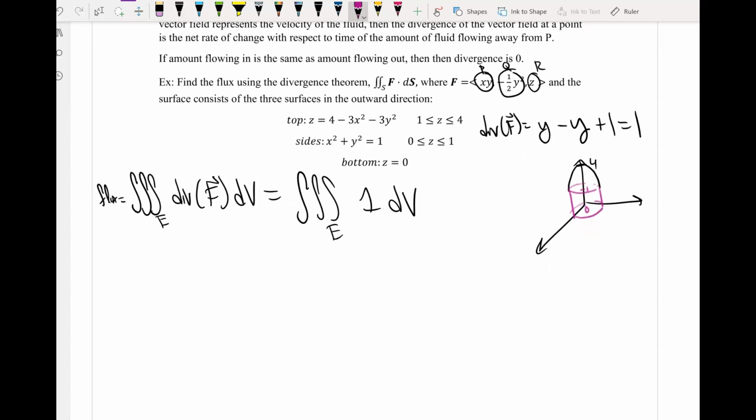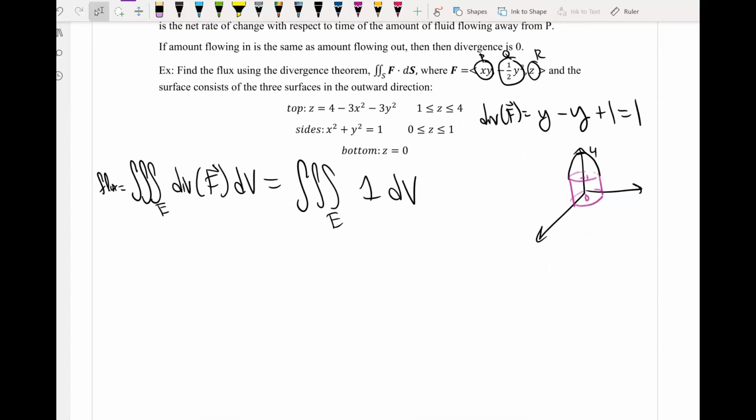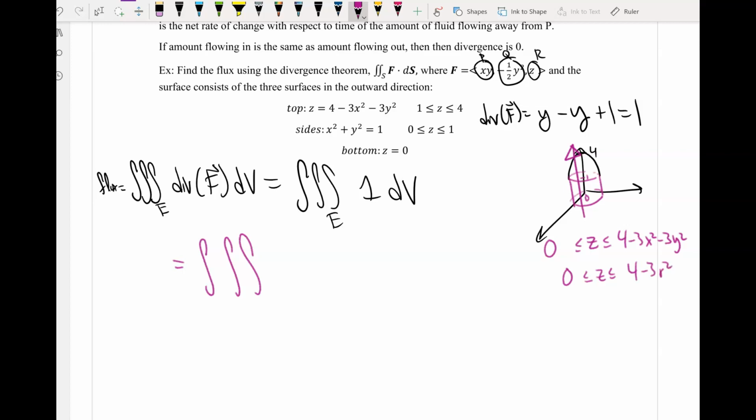Let's look at our z component. Z goes from 0 all the way to the paraboloid. Let's convert this to cylindrical coordinates, which would be really nice. So z goes up to 4 minus 3r squared.